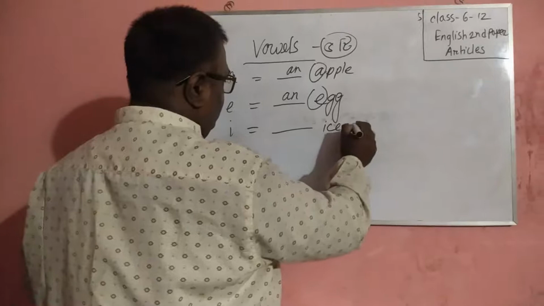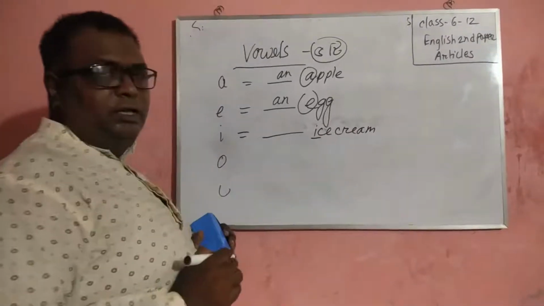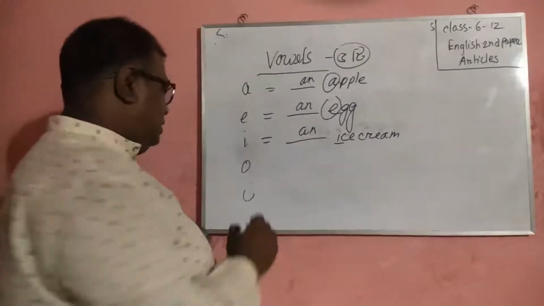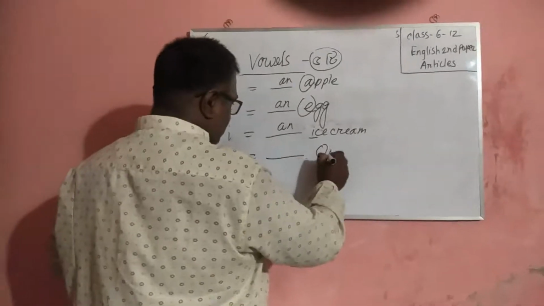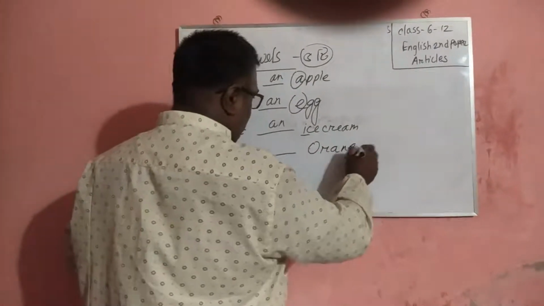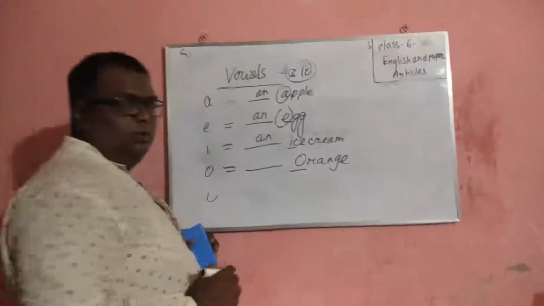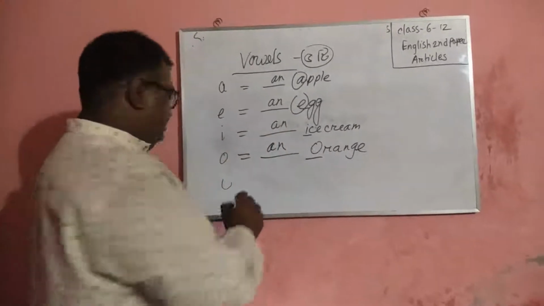Now see, ice cream. Here the word starts with I and that is a vowel, and for this we have to use AN before the word. Again we see orange. Here orange starts with O, that is another vowel, and here we also use AN.